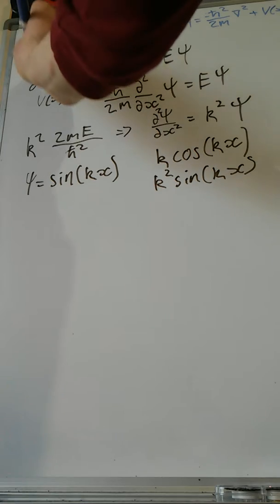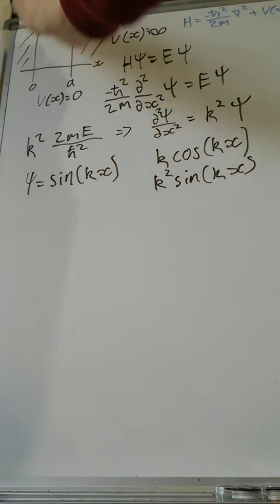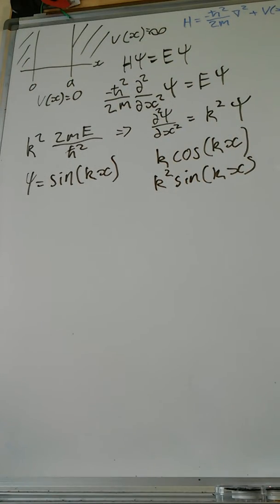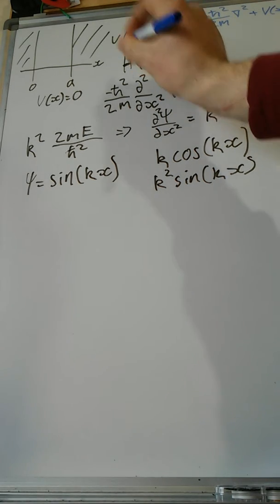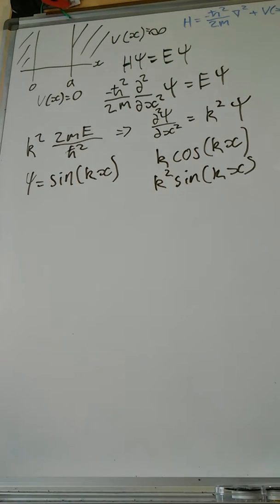However, in this region here V of x is infinite, so the Hamiltonian operated on the wave function, infinite multiplied by the wave function, has to, well, it can either equal infinite, or if the wave function is 0 at that region, it will equal 0.